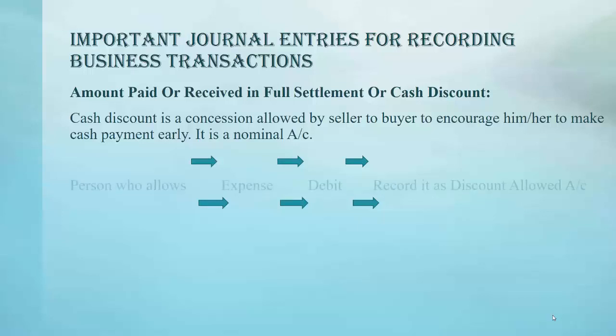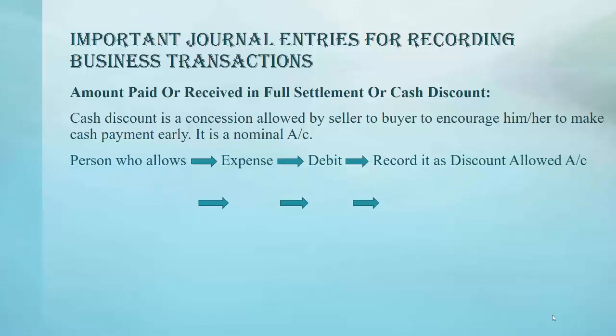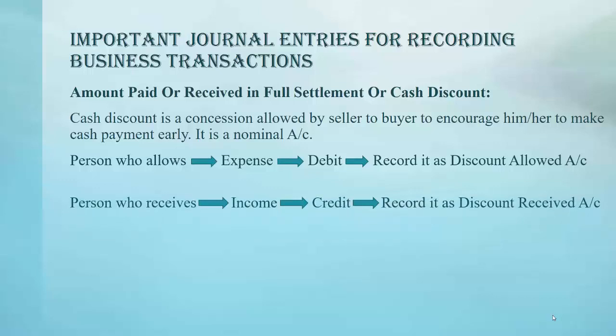A person who allows cash discount has an expense and will always debit it in his books of account and record it as discount allowed account. And a person who receives cash discount has an income and will always credit it in the books of account and record it as discount received account.